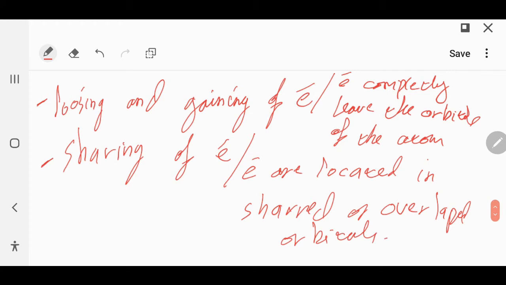I hope guys you write these notes in your copybook to study them later. This is the main difference between ionic and covalent.